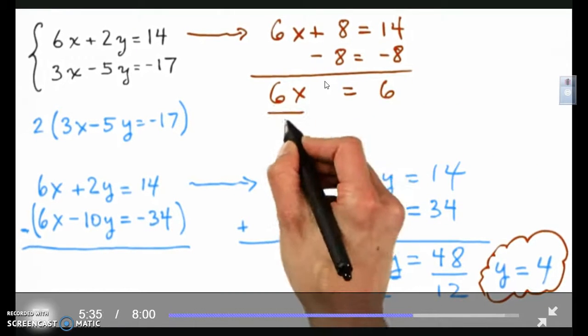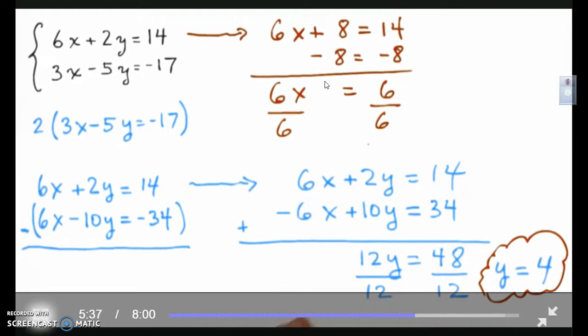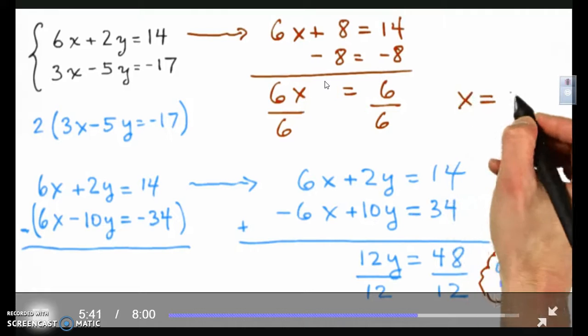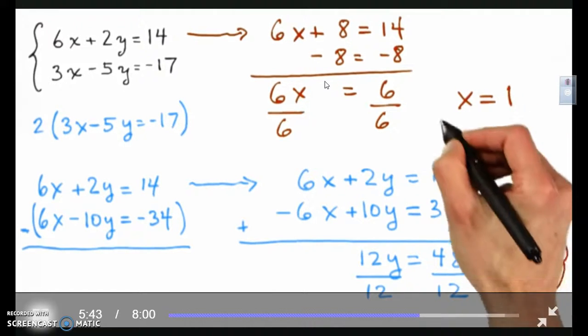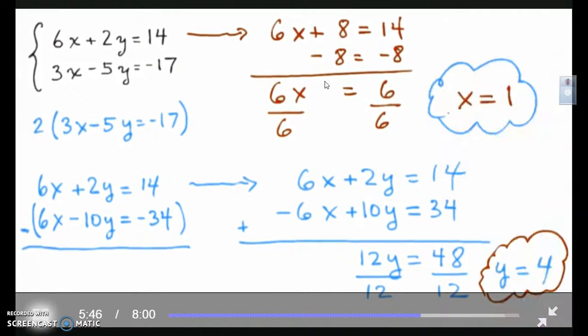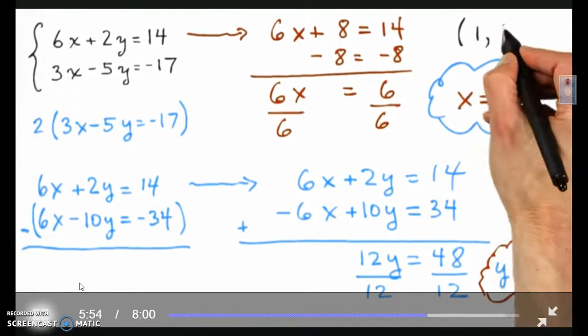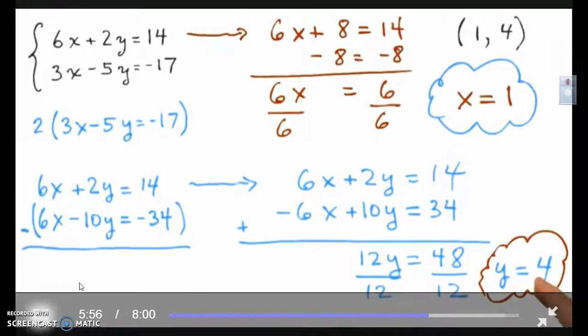I'll undo the multiplication by 6 by dividing both sides by 6. And this shows me that, in fact, x equals 1. And that is our value for x. So our solution, in fact, is an ordered pair, x comma y, which in this case would be 1 comma 4. That's what we just found, 1 comma 4.